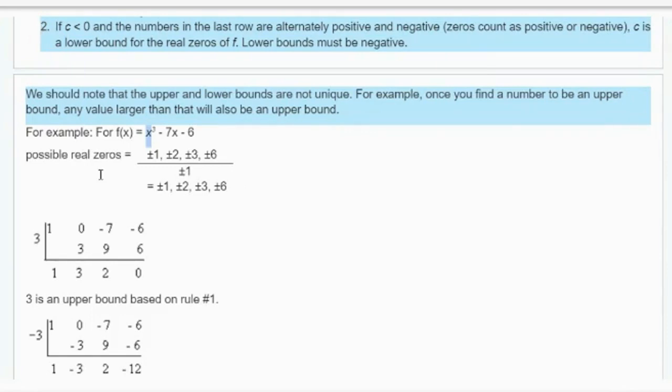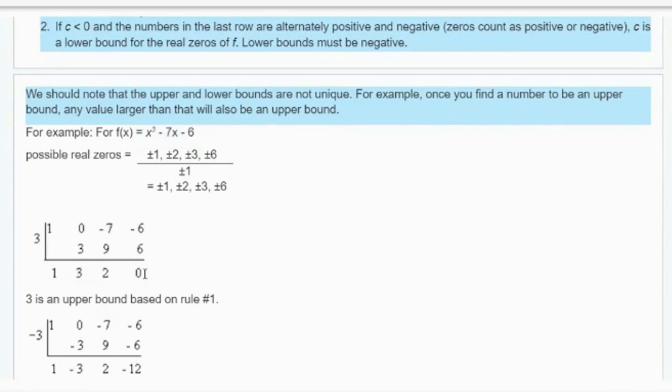So they did synthetic division. They said, okay, let's try 3. The first one they tried was the positive 3. Here's what they got when they used synthetic division. They did 1, 0, -7, -6, those are the coefficients. Remember, there's no x squared, so they use 0. Bring the 1 down, multiply by 3, add those, multiply by 3, add those, multiply by 3.